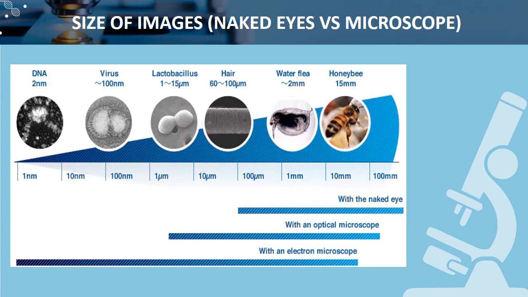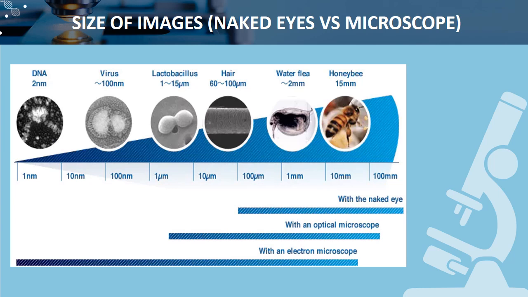But we can improve our vision by using the optical microscope, also known as the compound or light microscope, to observe smaller specimens such as bacteria, for example lactobacillus, which is about 1 to 50 micrometers in size.